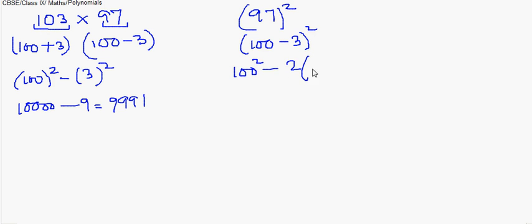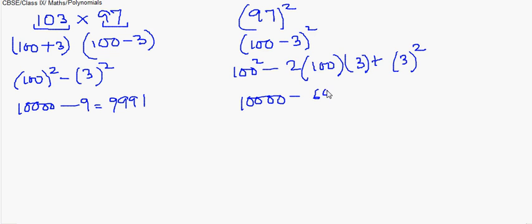So it is x square minus 2 into xy plus y square. So that is 10,000 minus 600 plus 9. 10,000 minus 600 plus 9 will be 9409. This makes our calculations quite easier.